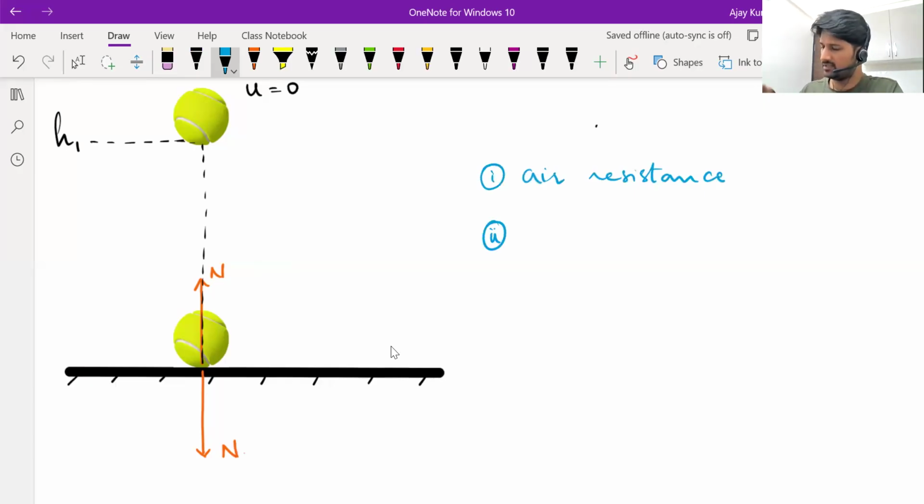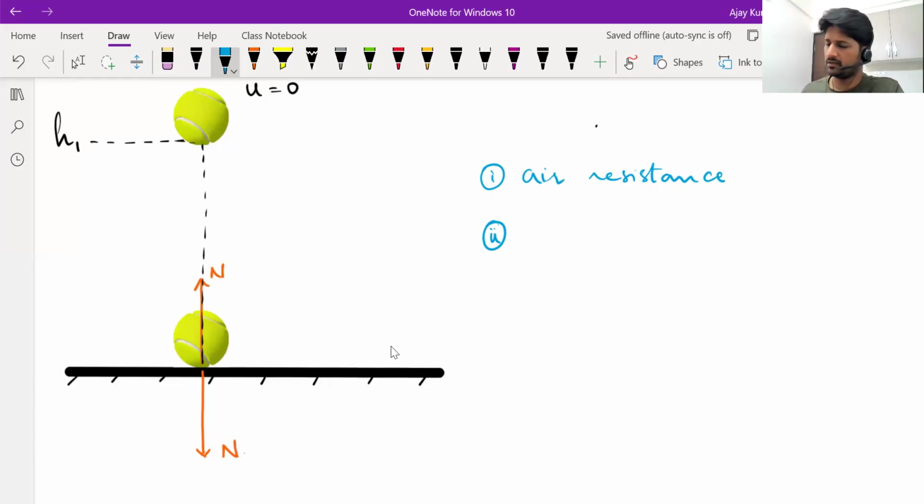There are, they are there. Sir, it depends on the material of the ball, right? Depends on the material, kind of. Yes. See, even if there had been no air resistance, the ball would not have bounced back to the original height. Basically, when the ball comes into contact with the ground, they exert a force on each other, which deforms the ball slightly.